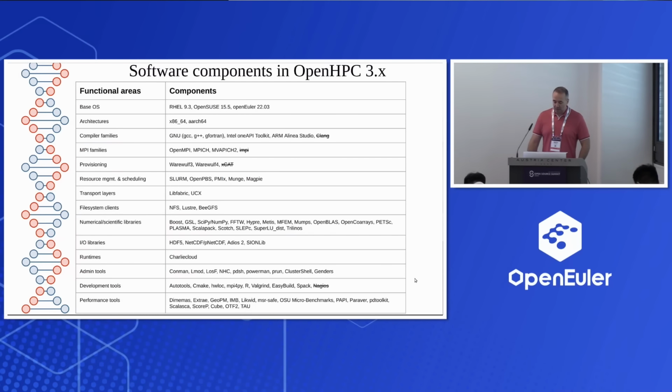How to get started with OpenHPC? If you go to the GitHub repository, release pages, we have URLs for PDF files named by the base operating system, the provisioner, the resource management, and the version. So, for example, openEuler 22, Warewulf, plus Slurm. Once you download this PDF file, you can follow the steps and install the master node and compute nodes.